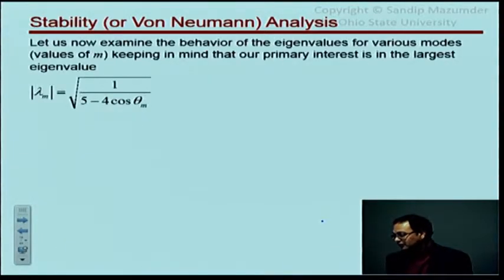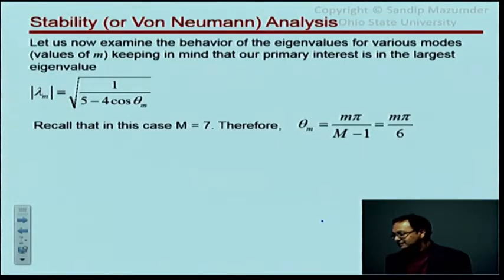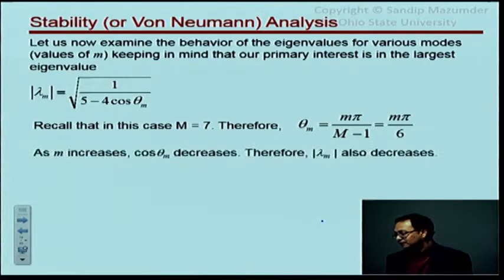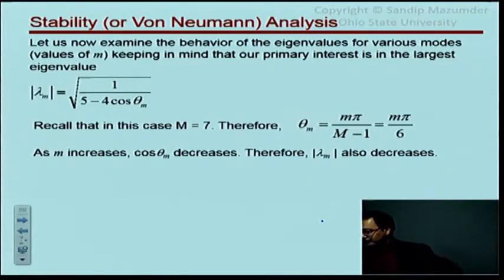Now let's look at this function. In this case, capital M is equal to 7, and therefore your theta m is m pi over M minus 1, which is m pi over 6. Now, if you look at the cosine theta m, the range of theta, if you look at this expression here, is between 0, so m equal to 0 gives me a 0, and when I plug in m equal to 6, it gives me pi. So that's the range I'm looking at, 0 to pi.